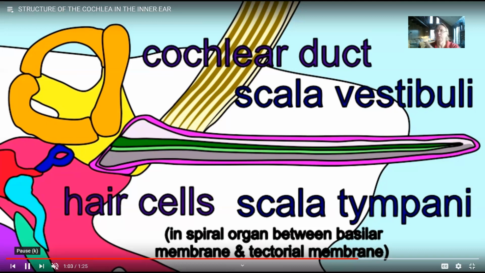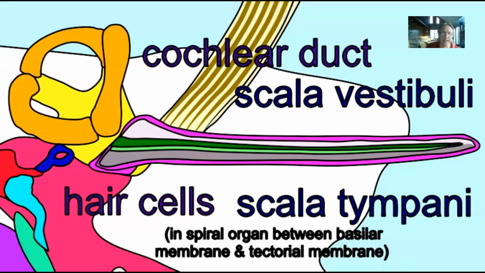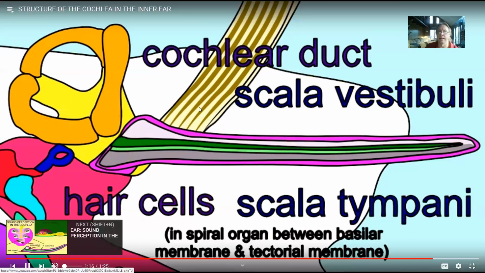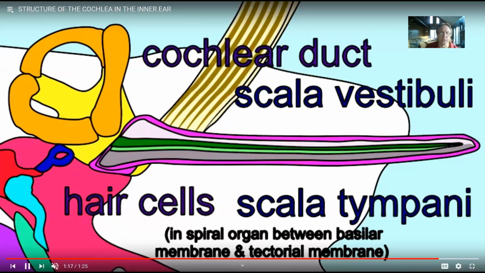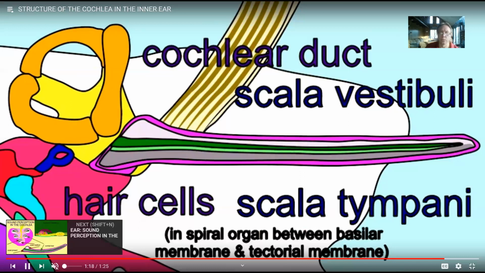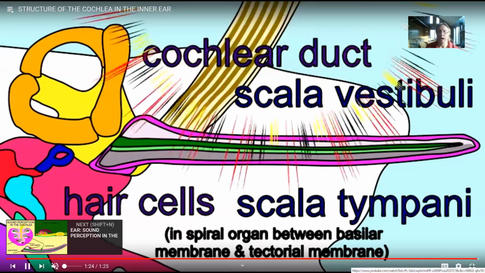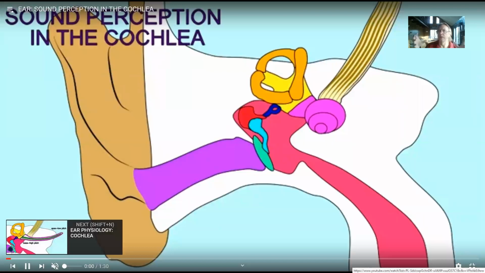As the hairs are displaced, the ion channels move, and then the brain is aware that there has been movement in the hair cells, and we perceive that as, oh, I've just heard a sound. And that is what gets transmitted along the vestibulocochlear nerve.